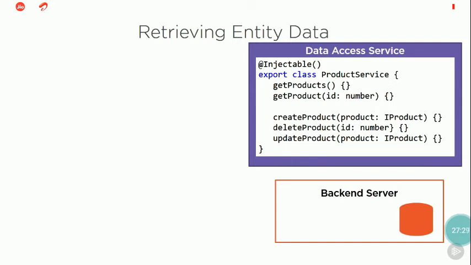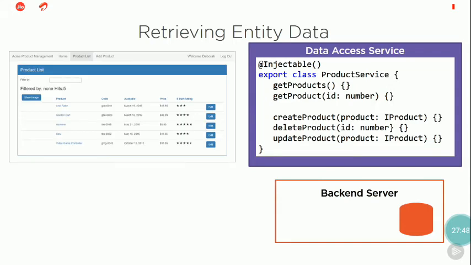A data access service often has methods to get all or some subset of entities, get a particular entity by ID, and create, delete, or update an entity. We could set up our application such that each component uses the data access service as a pass-through to get the data it needs from the backend server. For example, as our sample application is now, each component gets its own data from the backend server.